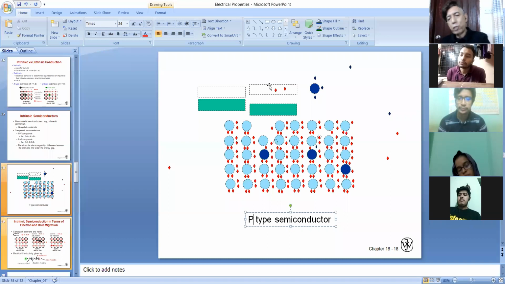But in p-type, the majority carrier is hole and the minority carrier is electron. In n-type, the number of electrons is large, and in p-type, the number of holes, the positive charge, is large.